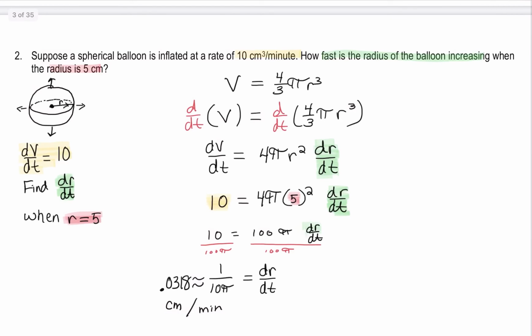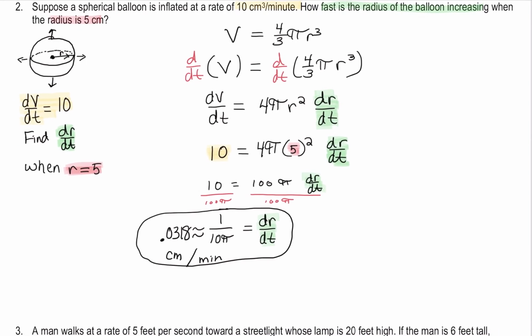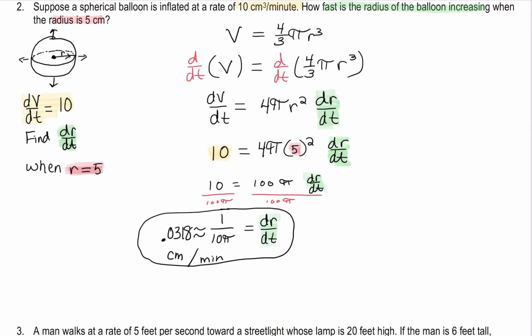And now that we've gotten to this point, you can think about what would have happened, just for the sake of comparison, to bring this full circle. If I would have been interested when the radius was smaller, so early on in the inflation, suppose instead of subbing in 5 for r, we had subbed in 1 for r.